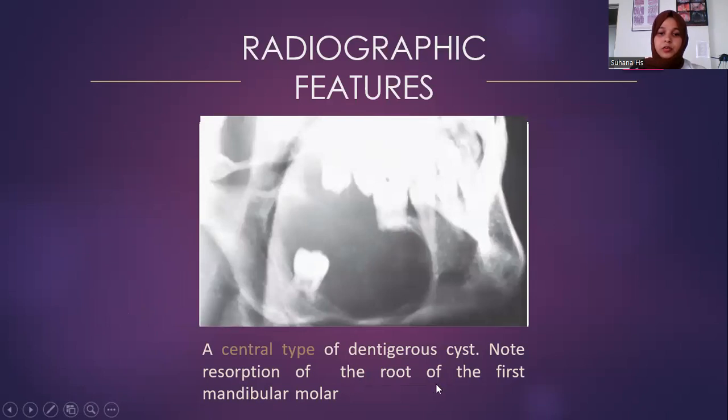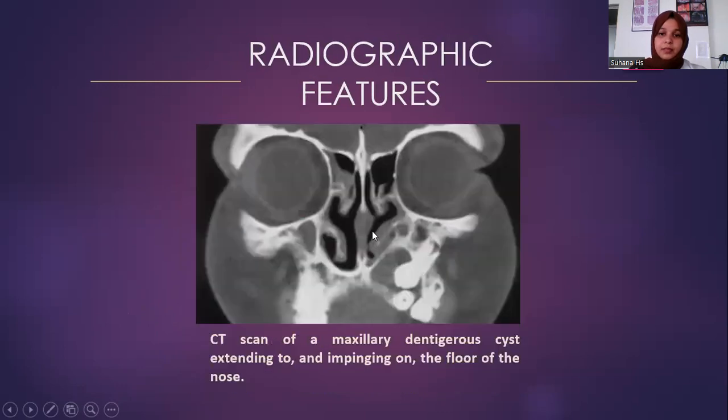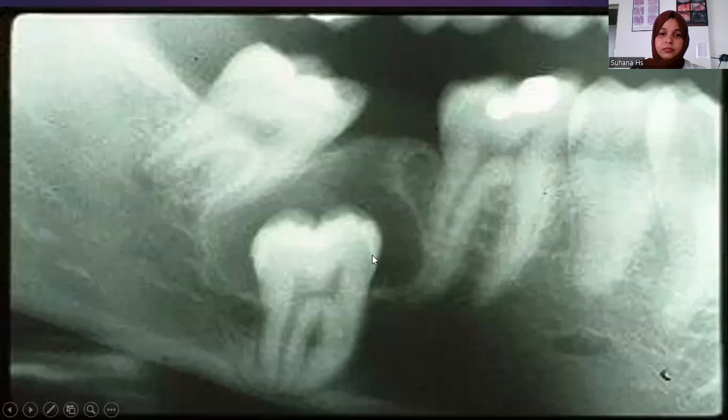Here the resorption of the root of the first mandibular molar occurs. This is the lateral variety and this is the circumferential. And here is a scan of a maxillary dentigerous cyst extending to the nasal floor. Here is the radiolucency which is at the neck.